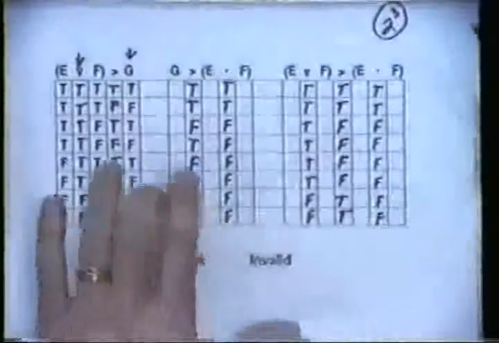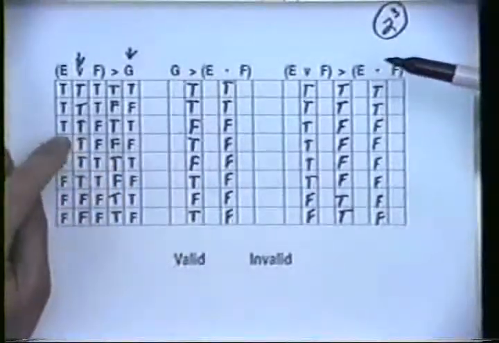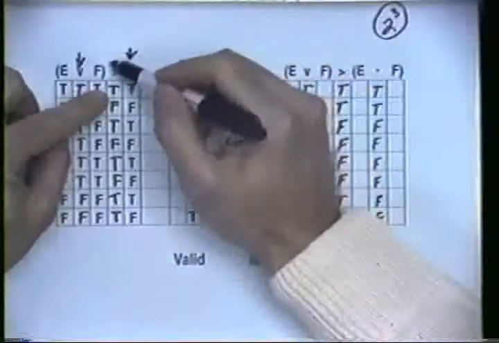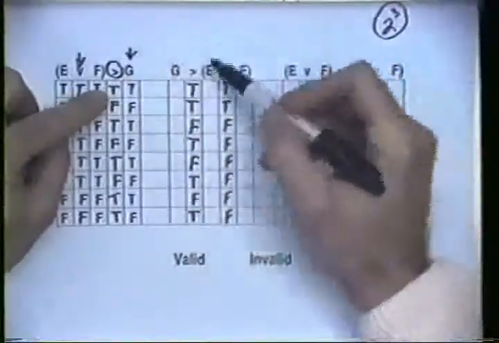So what we need to do is to simply examine the table and find out whether there is any row that makes all of the premises have a truth value of true, but gives the truth value false to the conclusion. So if we return to our graph, we need to compare the columns under the main connectives, that is this column here and this column here.